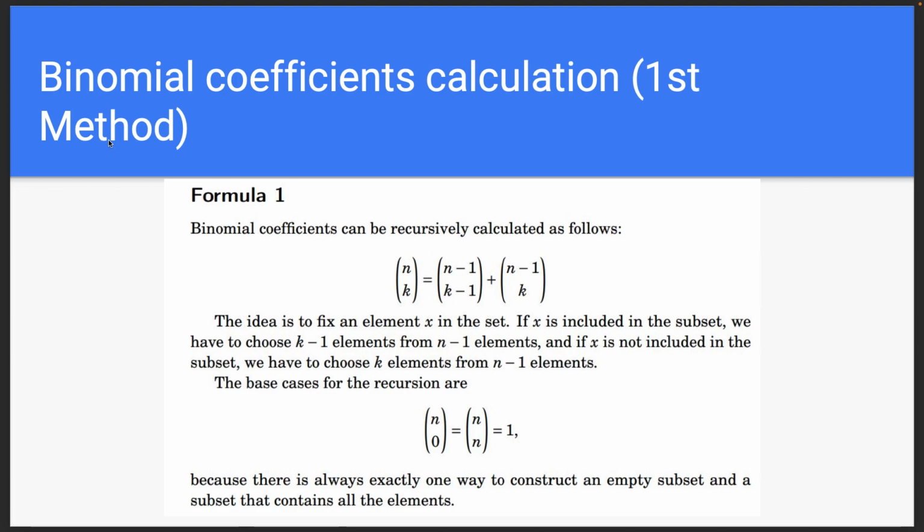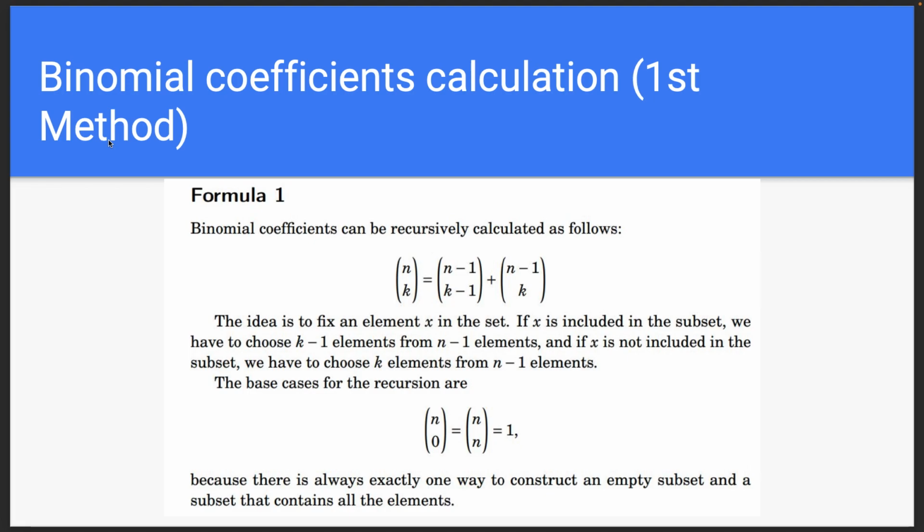And these are completely independent, so there is nothing which appeared in both of them, because we are considering the last element and saying it's chosen or not. So choosing k out of n would be the sum of these two things, and it would give us a possible way of calculating these binomial coefficients.